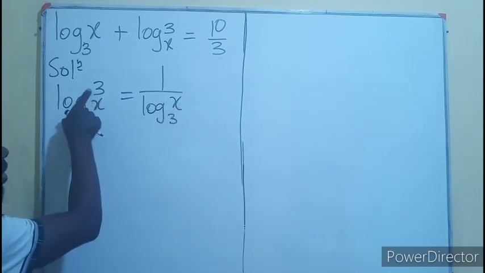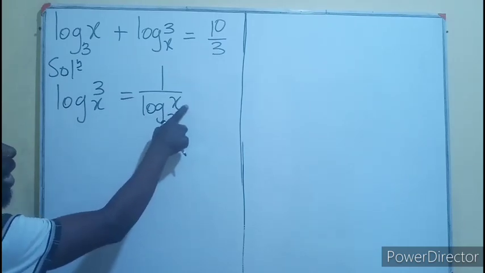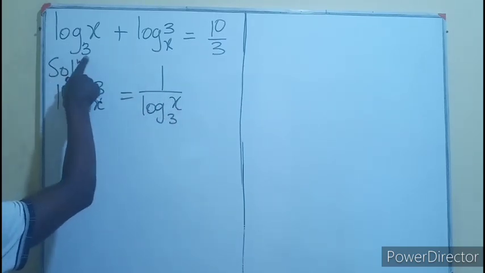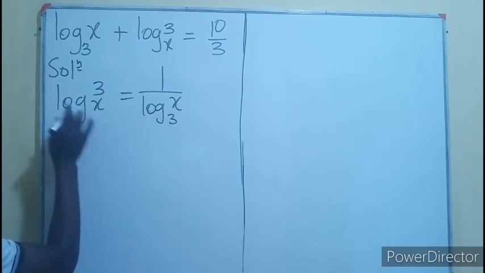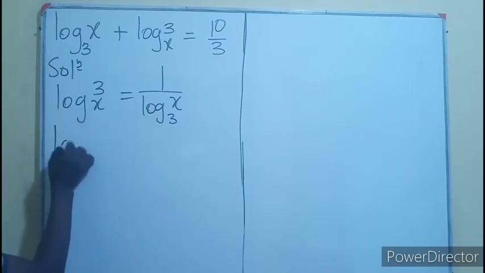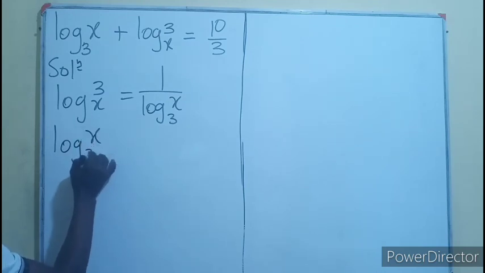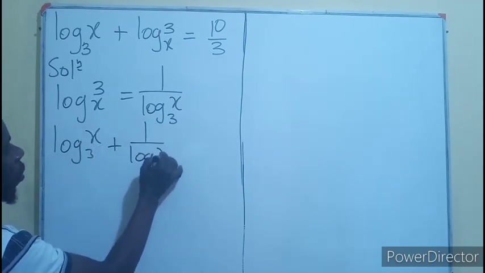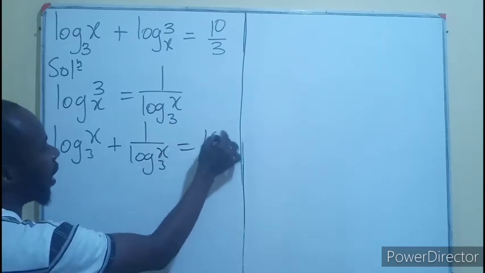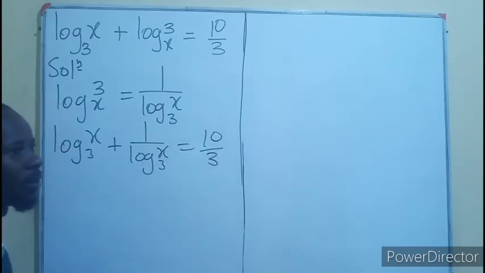The argument, which was 3, is now x. So we have the same base 3 as a change of base. Now this is written as log x base 3 plus 1 over log x base 3 equals 10 over 3.